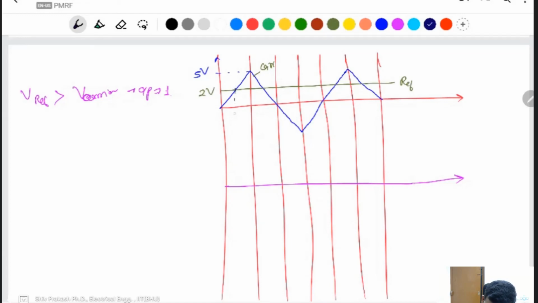It means this time period is on. You can see one time period, because the carrier signal repeats from here. This one is the total on time.